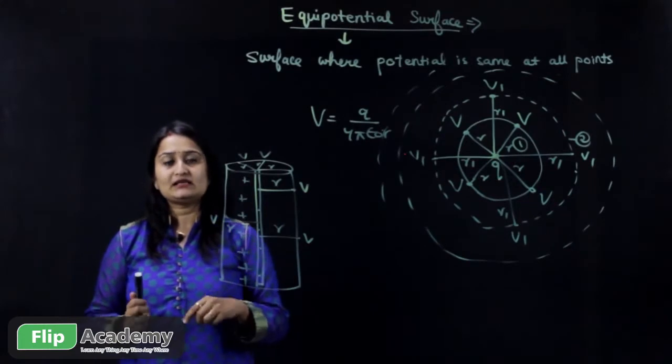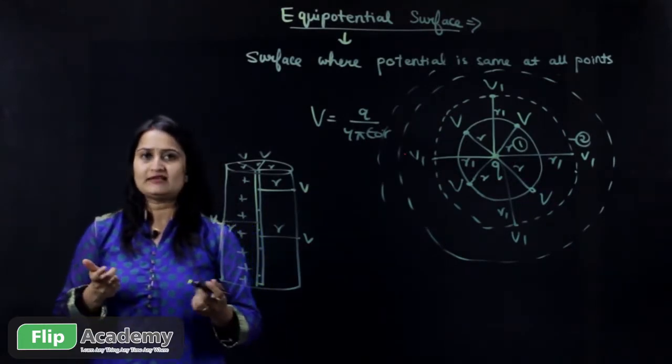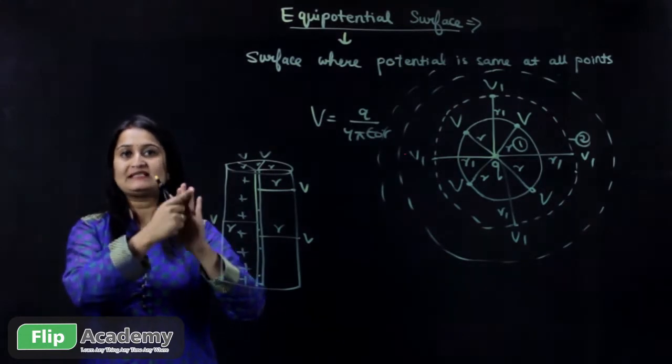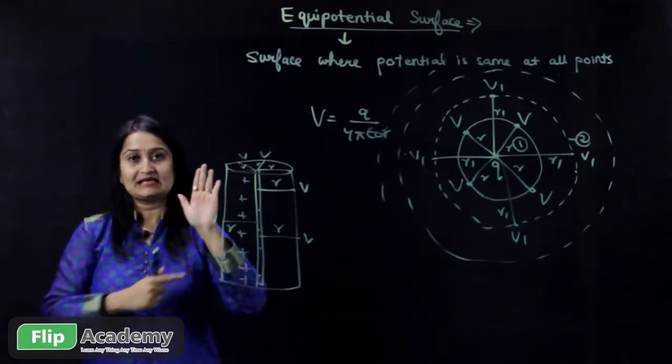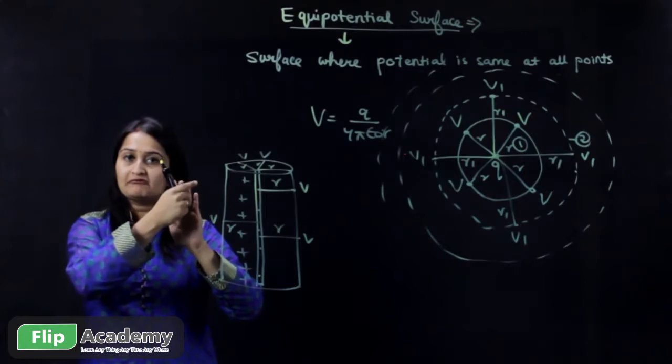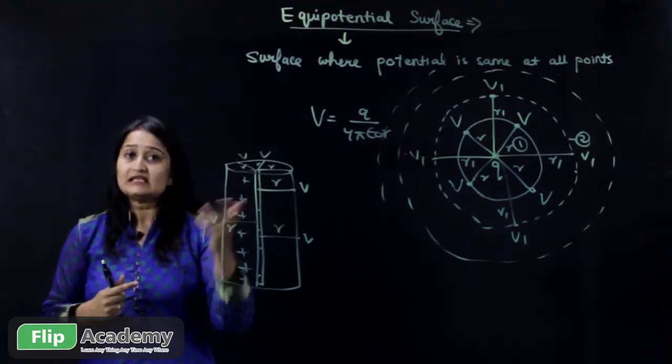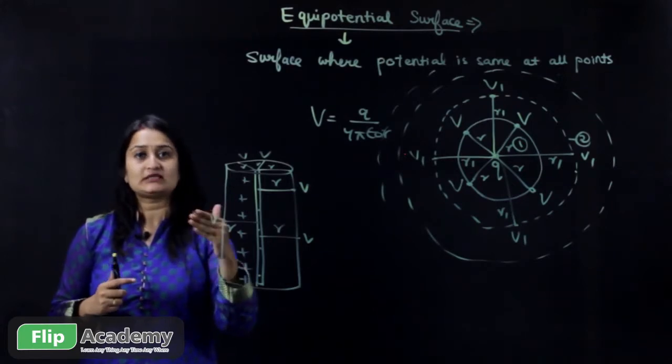Now, let us consider the sheet of charge. Like for example, we have the paper, my hand. Let us suppose this is a paper. This paper is considered as a sheet. If the charges are distributed over the sheet of charge, then let us find out what is the equipotential surface for it.